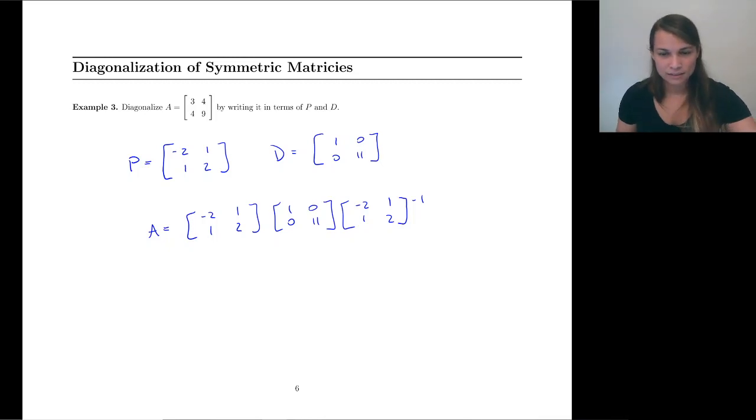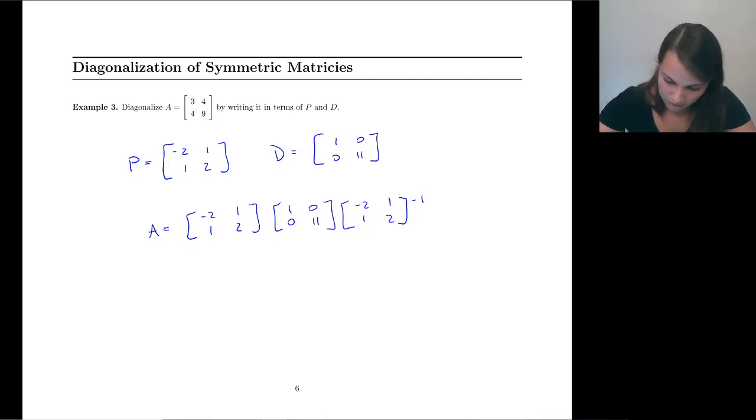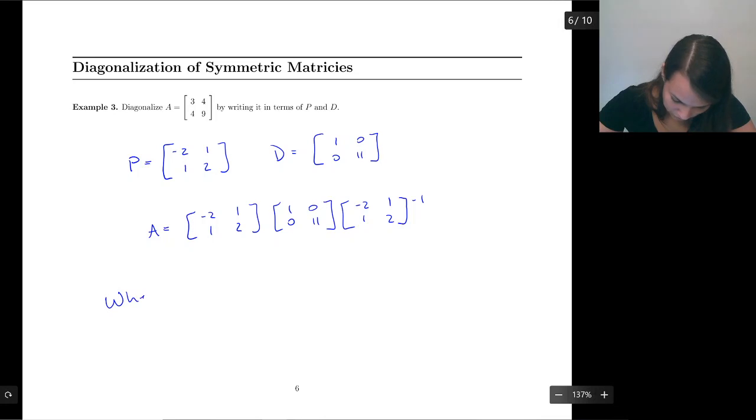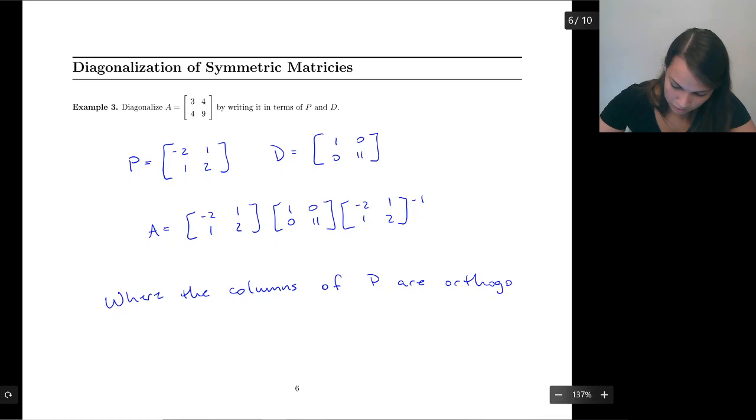Okay. Fun fact, we checked that the eigenvectors were orthogonal. So now these guys, where the columns of P are orthogonal. Fun fact.